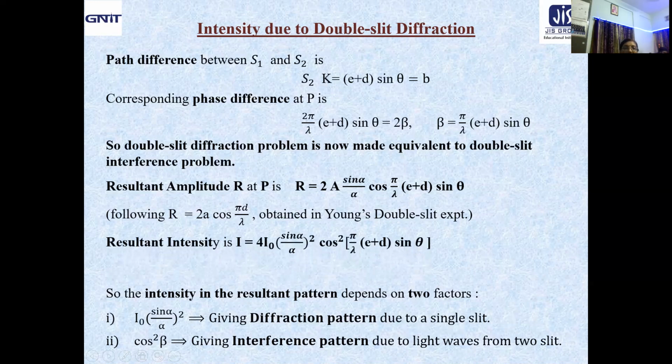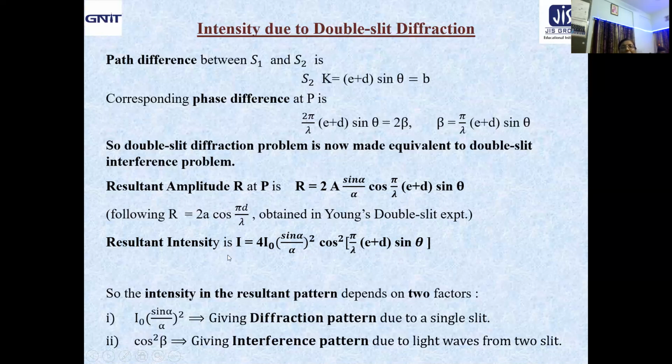So what about the resultant intensity? Proportional to resultant amplitude squared. So I equals 4k squared. k is the constant of proportionality that we represent as I0, as we did in case of single slit diffraction. So 4I0, then sine squared alpha by alpha squared, then cos squared of pi by lambda into (e plus d) sine theta.